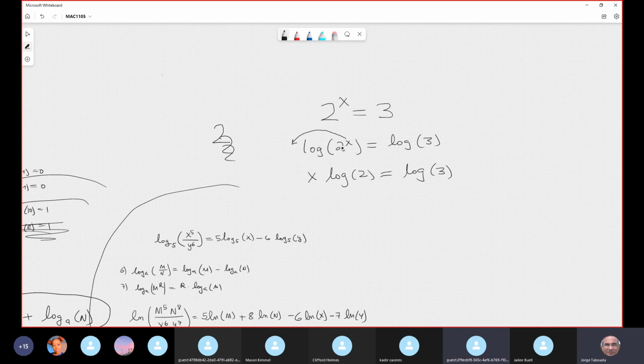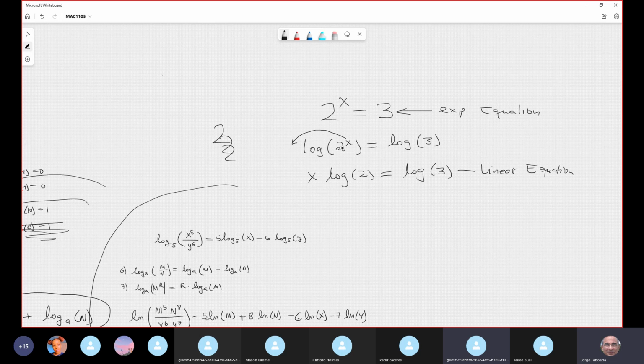Finally, you see that magically, this is science fiction, this original exponential equation is converting to a linear equation. Because the logarithm of 2 and the logarithm of 3 are numbers that we can put in the calculator.